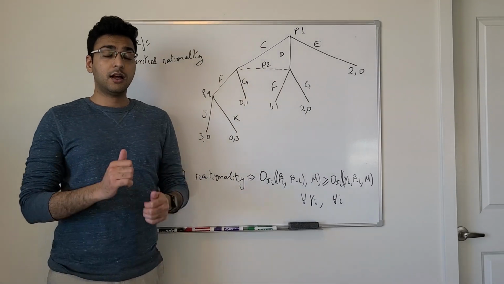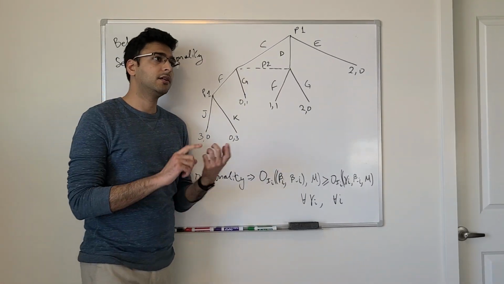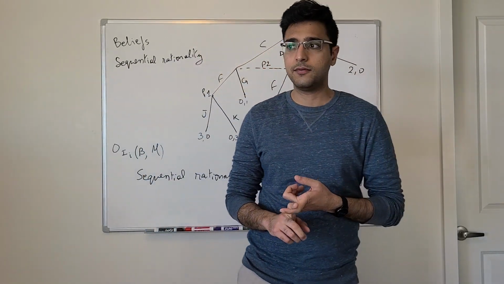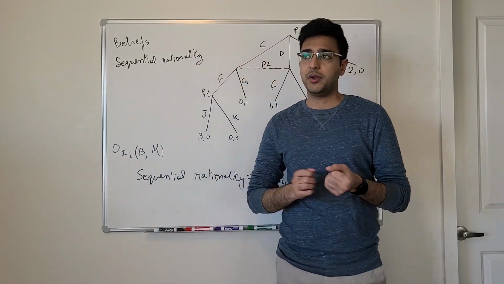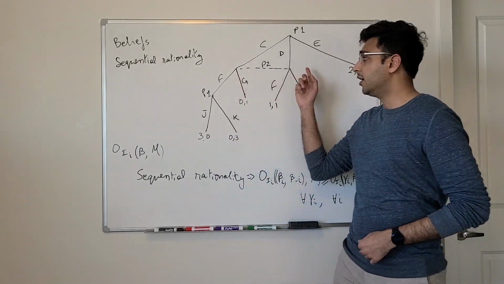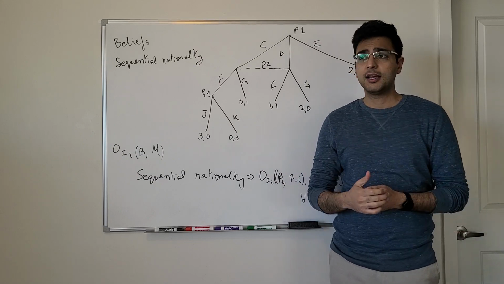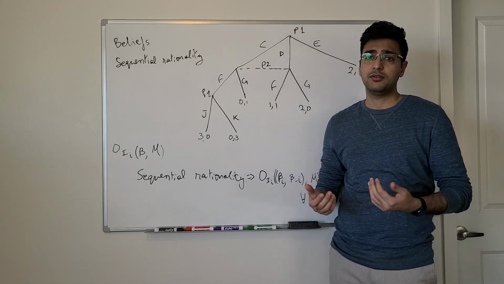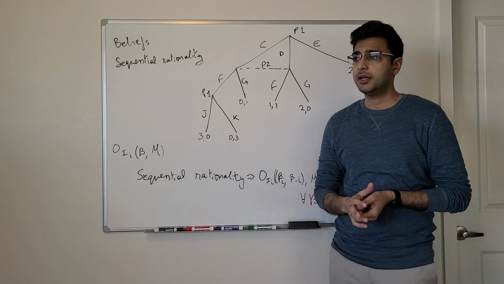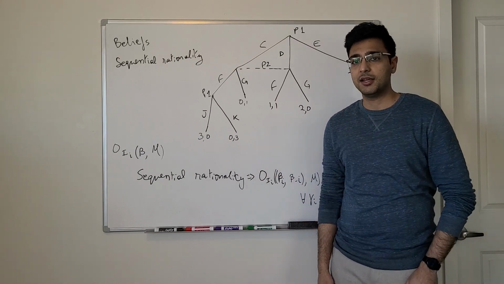Okay, so in the last video we talked about what an assessment is. An assessment is a combination of a belief system and behavioral strategies. A belief system tells you, if you're in an information set, which history has occurred with what probability, and a behavioral strategy tells you what action you will play with what probability every time you have the chance to play an action.